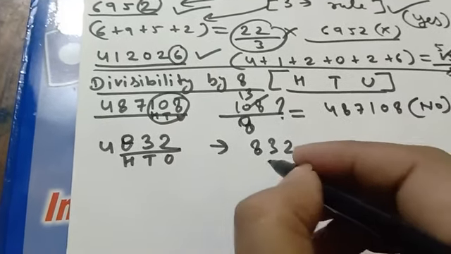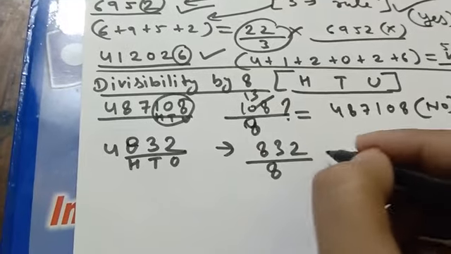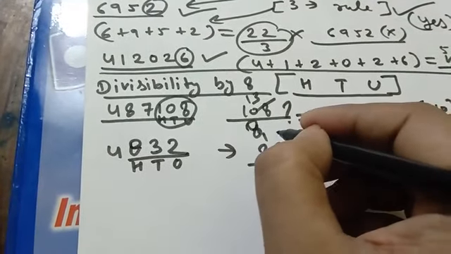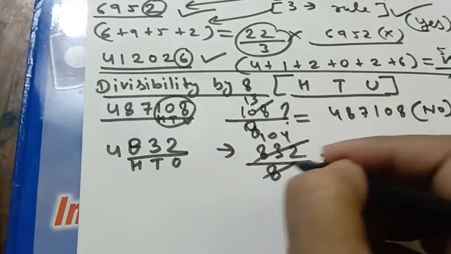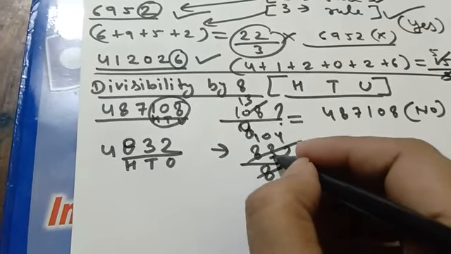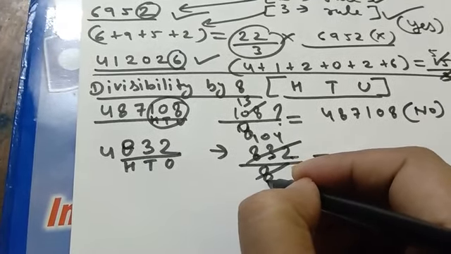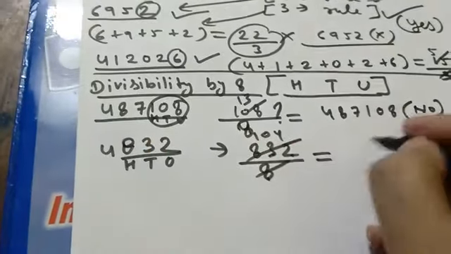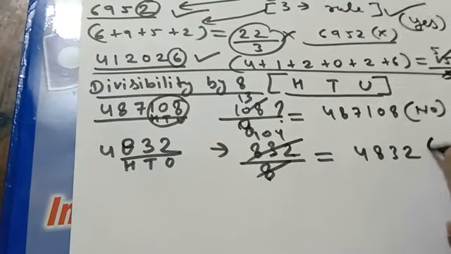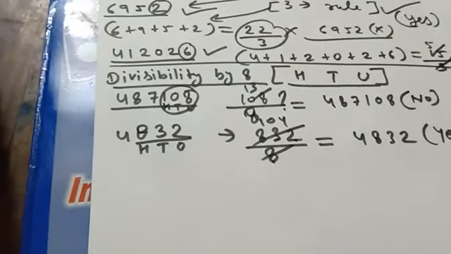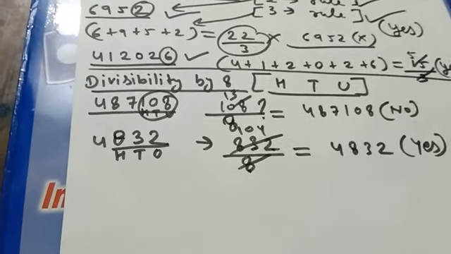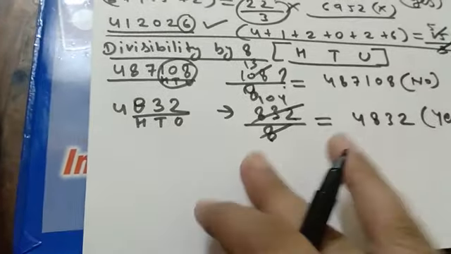Now we have to divide it by 8. 8 1s are 8, 8 4s are 32. You can see that 832 is divisible by 8. So the whole number 4832 is also divisible by 8. This is the general rule.